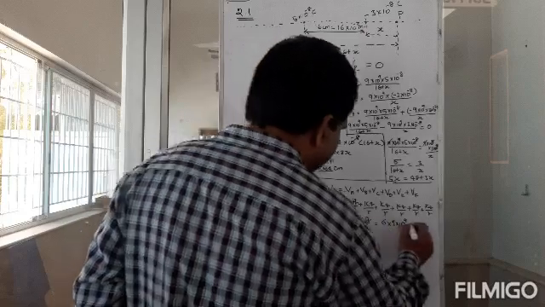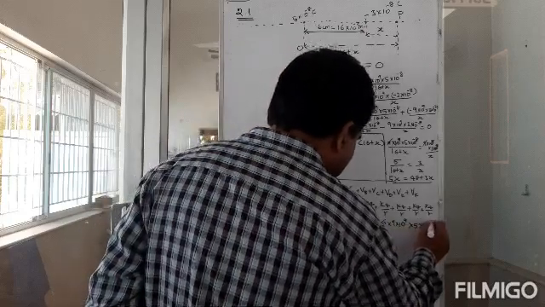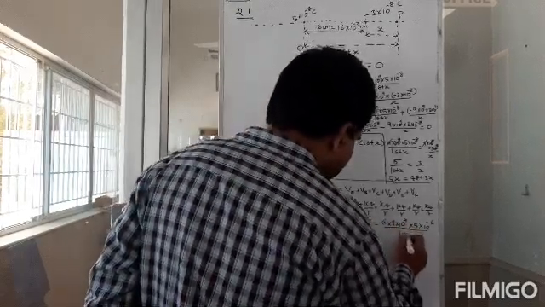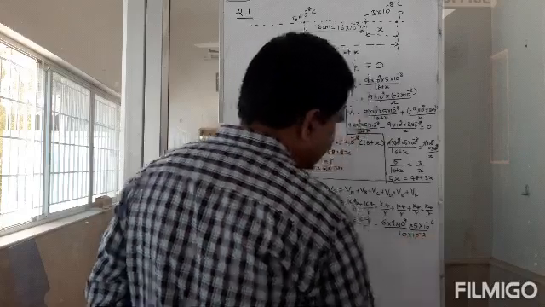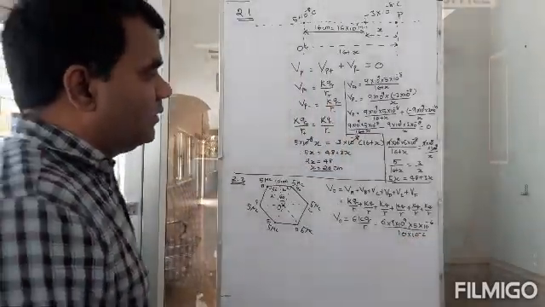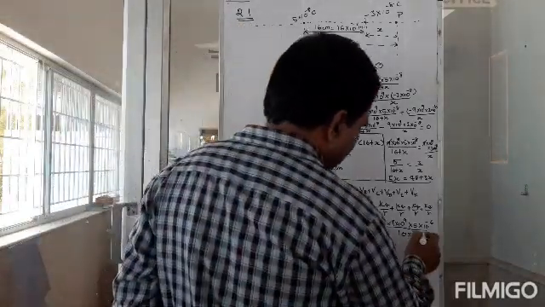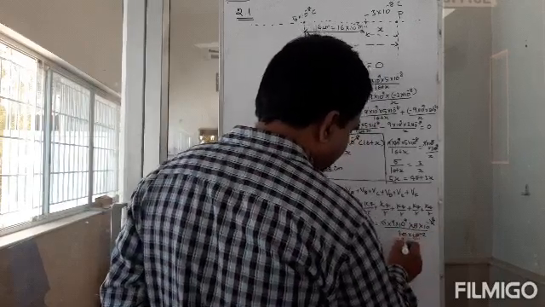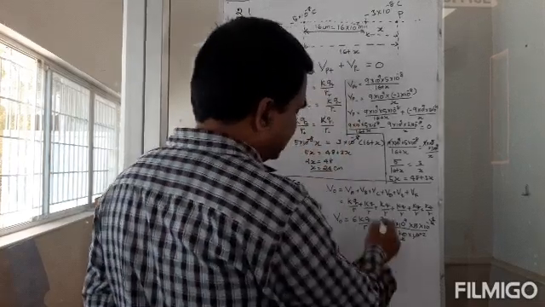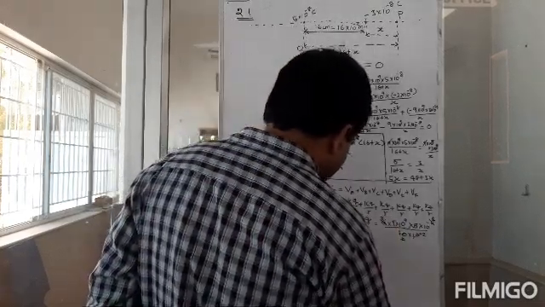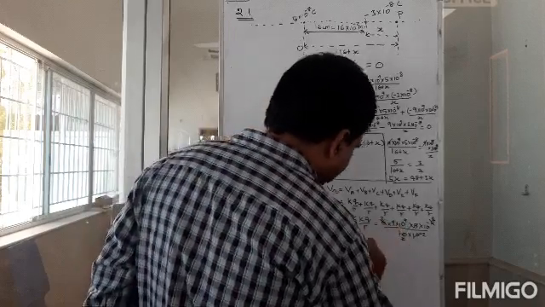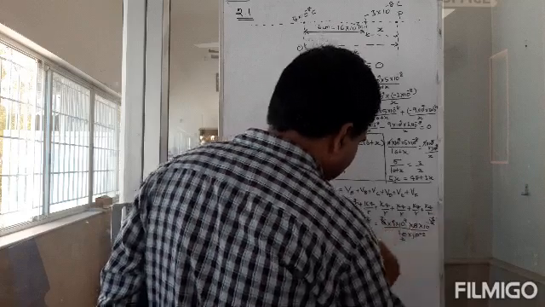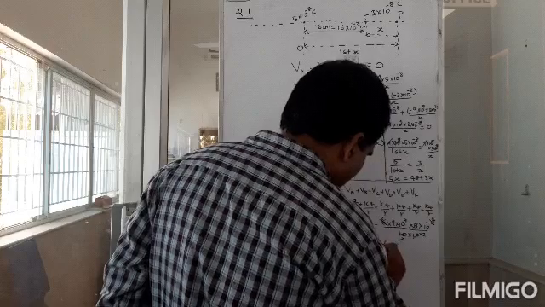The q is 5 into 10 power minus 6 because of microcoulomb, divided by r, which is 10 centimeters, so 10 into 10 power minus 2 meters. Simplifying, the voltage at the very center is equal to 27 into 10 power 5 volts.